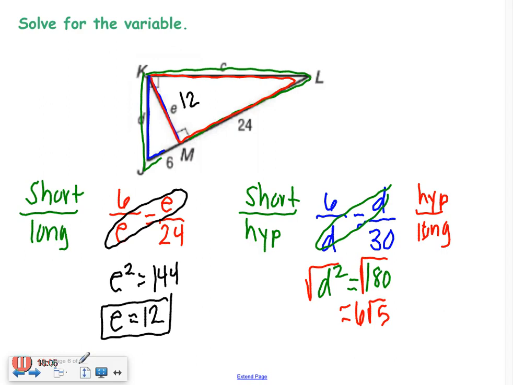Okay, what is our hypotenuse on the red triangle? C. And what's our long side on the red triangle? Yep. Okay, what's our hypotenuse on the green one, the big triangle? 30. And our long leg is C. So do you see how it ended up in the extreme spot? But the math will still work out. So I just wanted to show you that it's okay if you flip-flop those.